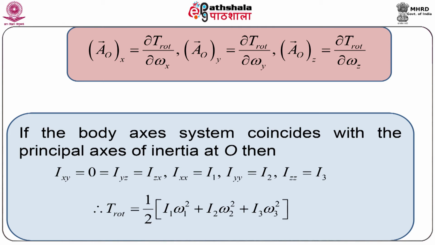In a similar fashion, we can get the y component of angular momentum vector, that is AO vector suffix y, which is equal to del del omega y operated on T dot, and similarly we can get the z component of angular momentum vector AO vector, which is given by del del omega z operated on T dot.